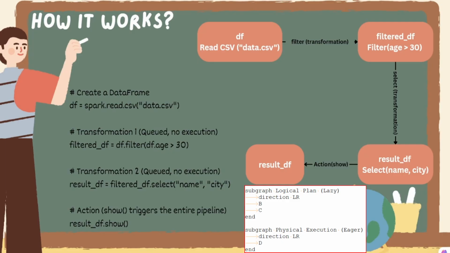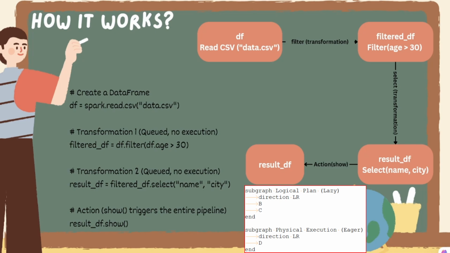It looks at the DAG we built, reads the CSV, filters the age greater than 30, selects the columns, and finally shows the result. Spark then optimizes the entire sequence, for example, skipping the unneeded columns while scanning the file. Only now does Spark distribute the work across the cluster and execute the job.